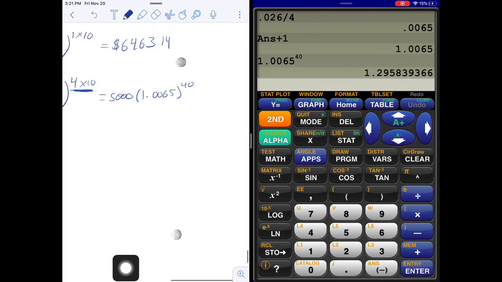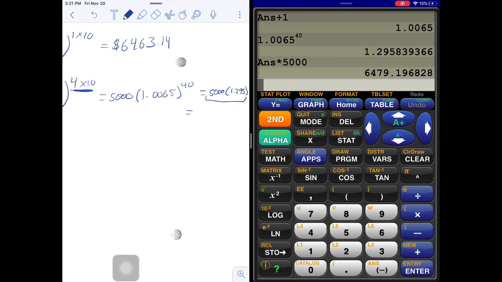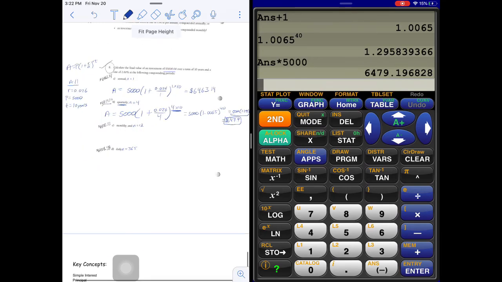And then now, what am I going to do? Well, this is 5,000 times 1.295, blah, blah, blah. So times that number by 5,000. And that equals $6,479. And you can see that answer there.